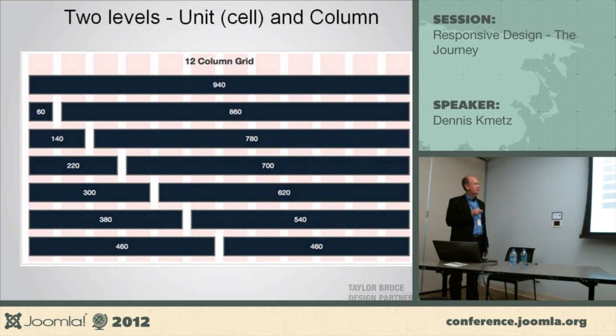So that's one column of 60, but two columns isn't 120, it's 140, so it's the two cells plus the additional. So grid systems, this is a 12-column grid, there's your 12 columns. And there's a confident grid, and there's an insecure grid, just so you know what an insecure grid looks like.